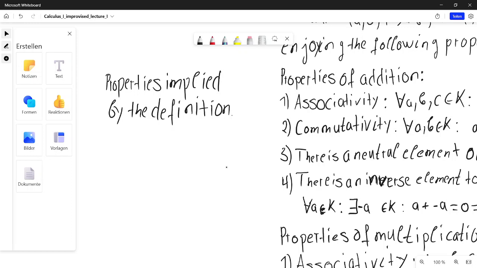Okay, properties implied by the definition. Let's call it theorems. So I don't know what it should be called in English.